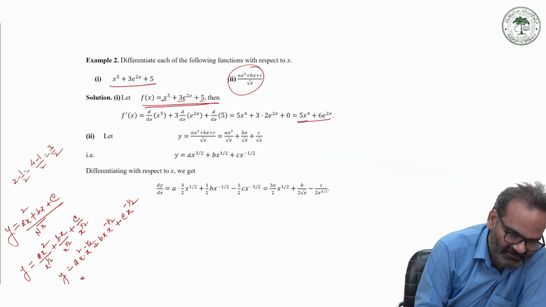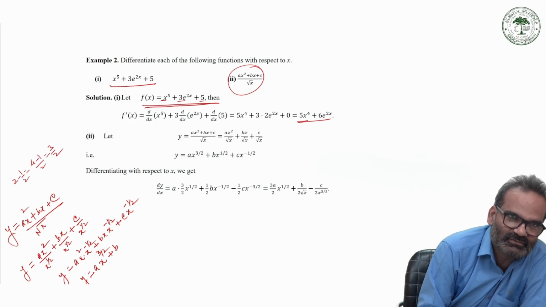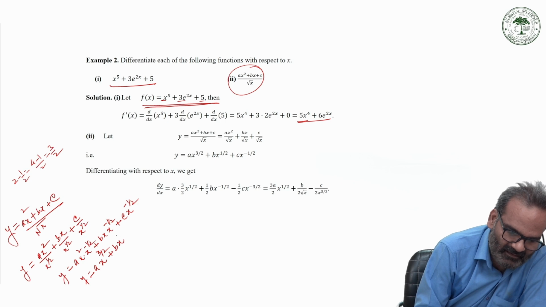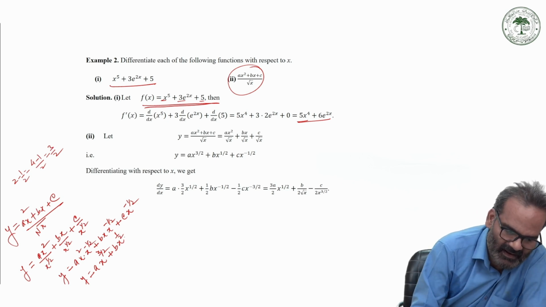So what you will get here? Y is a x power 3 by 2 plus b. Here x power is 1 and here x power is minus 1 upon 2. So 1 minus 1 upon 2, what you will get? X power 1 upon 2, right? And this will remain as it is, c x power minus 1 upon 2.